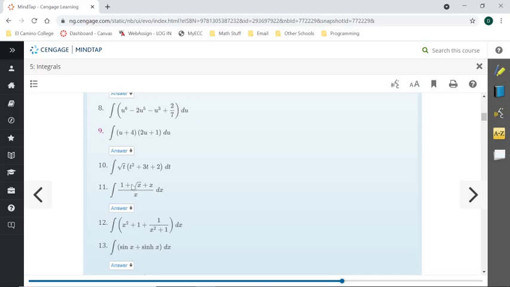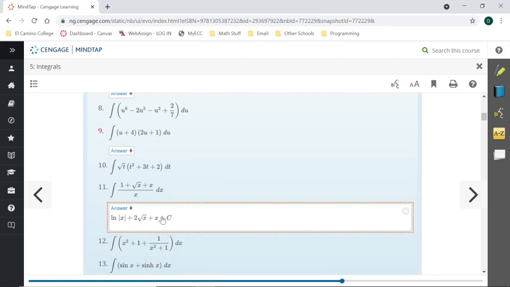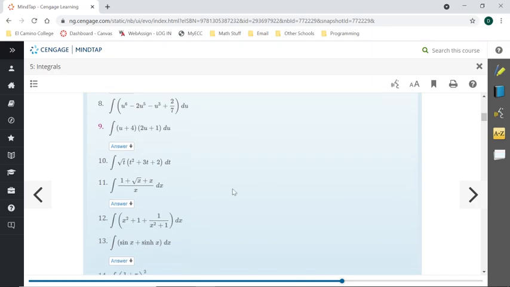So for the second term, the antiderivative would be 2 times the square root of x. And then the antiderivative of 1 would just be x. So we have natural log of the absolute value of x, plus 2 times the square root of x, plus x, and then plus c for good measure, so that we make sure that we have that arbitrary constant at the end. Okay, so that's the answer that we would get for that.